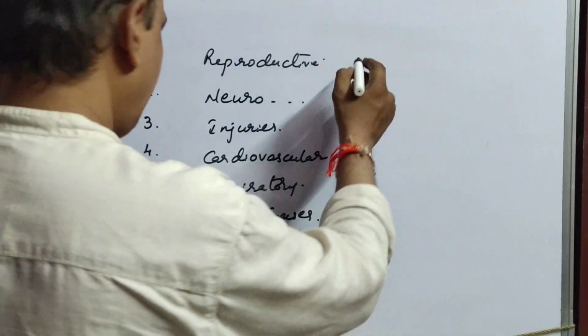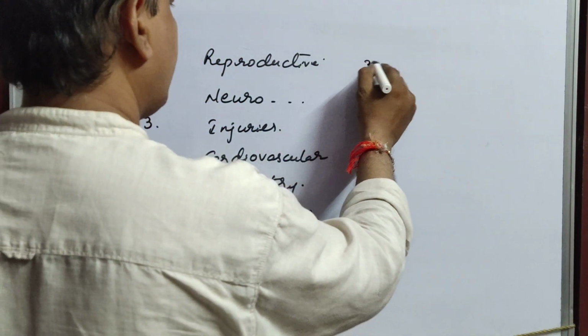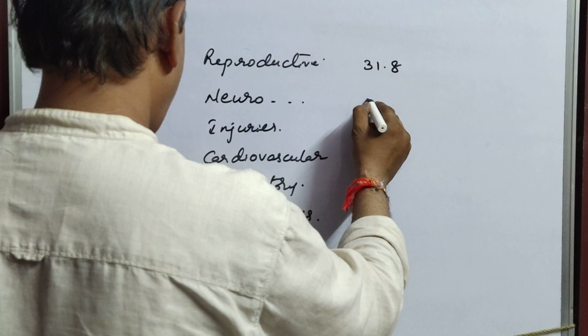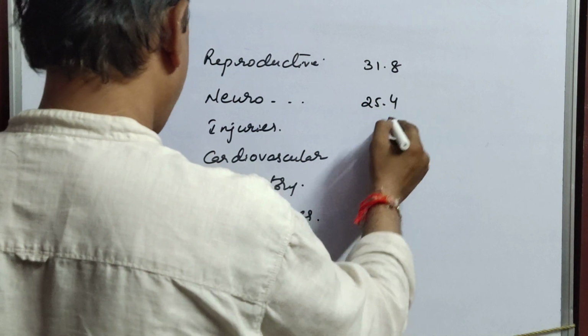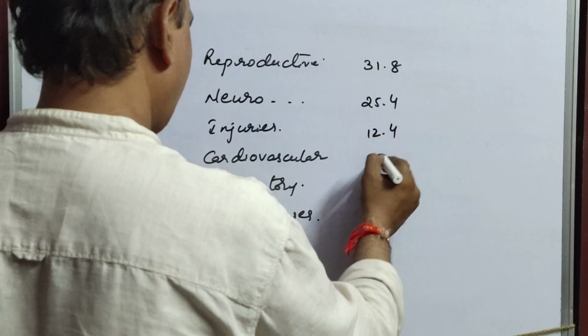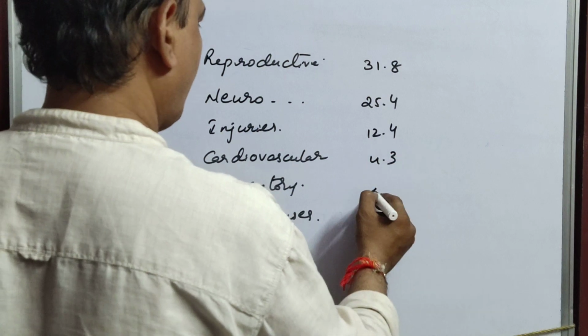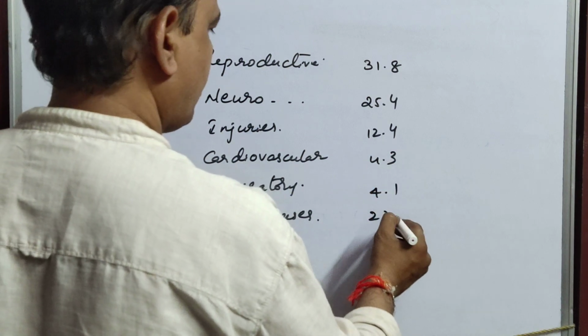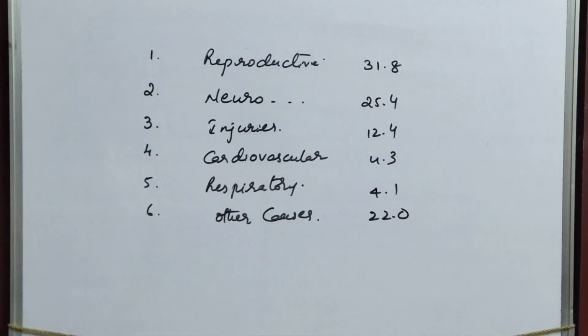Here see: 31.8, 25.4, 12.4, 4.3, 4.1 and 22.0. Children, the table is given like this.